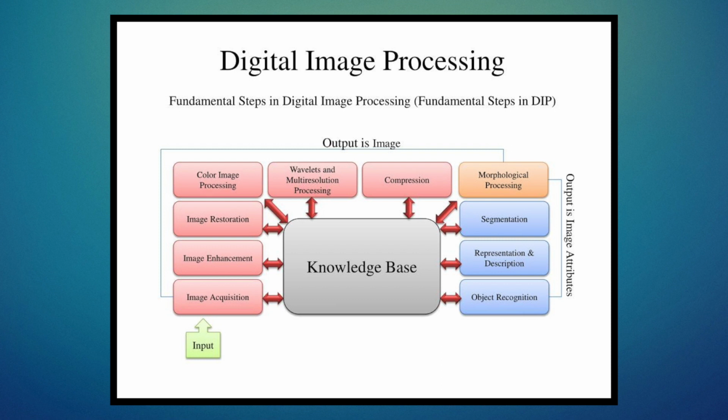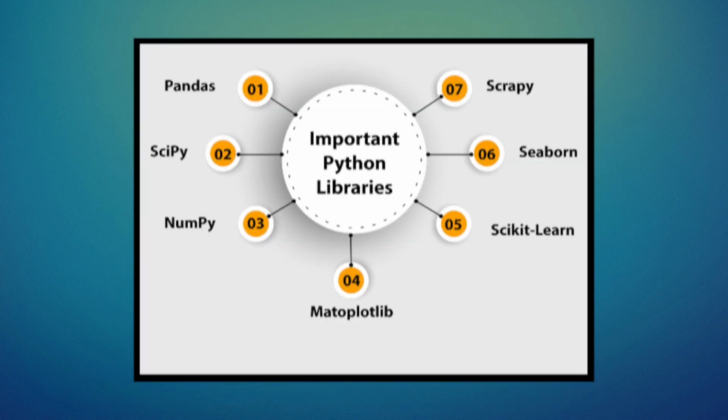We have already seen in our previous lectures how digital image processing works with different areas and different applications. In Python, it is very important to know some of the Python libraries as we discussed.